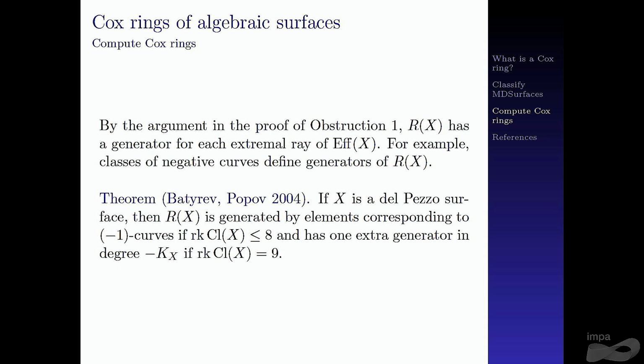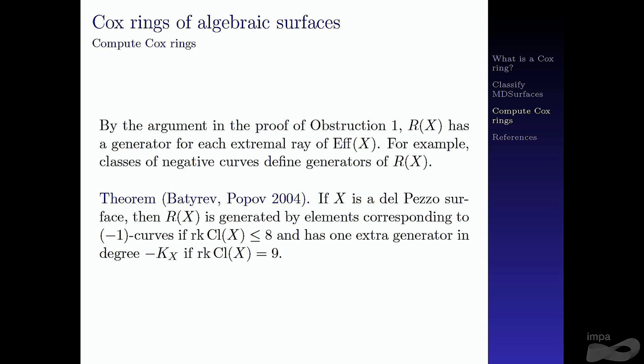I think this was the first computation of generators for a Cox ring of a surface which was not toric. They proved that if X is a del Pezzo surface, then the Cox ring is generated by elements corresponding to -1 curves, which are the only negative curves, when the Picard number is at most 8. And the Cox ring has one extra generator in degree -K if the rank is 9.